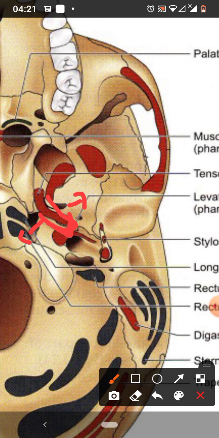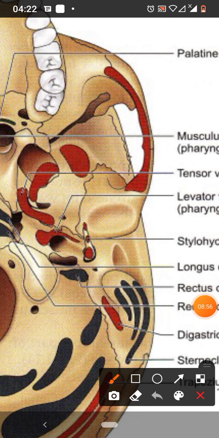Some fibers of the tensor veli palatini muscle also originate from this spine. So let me tell you once again that the spine of the sphenoid is related to three ligaments, two nerves and one muscle.